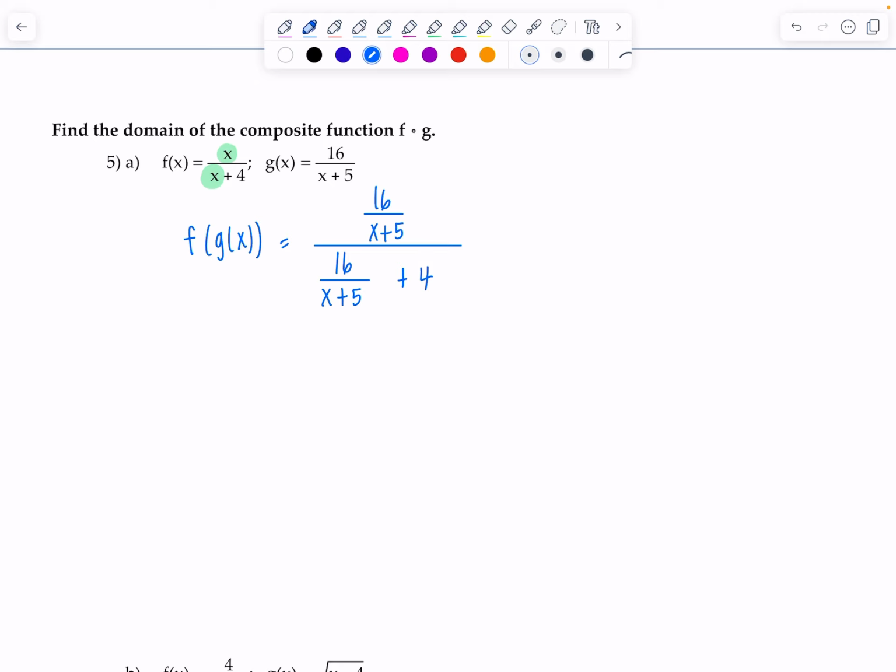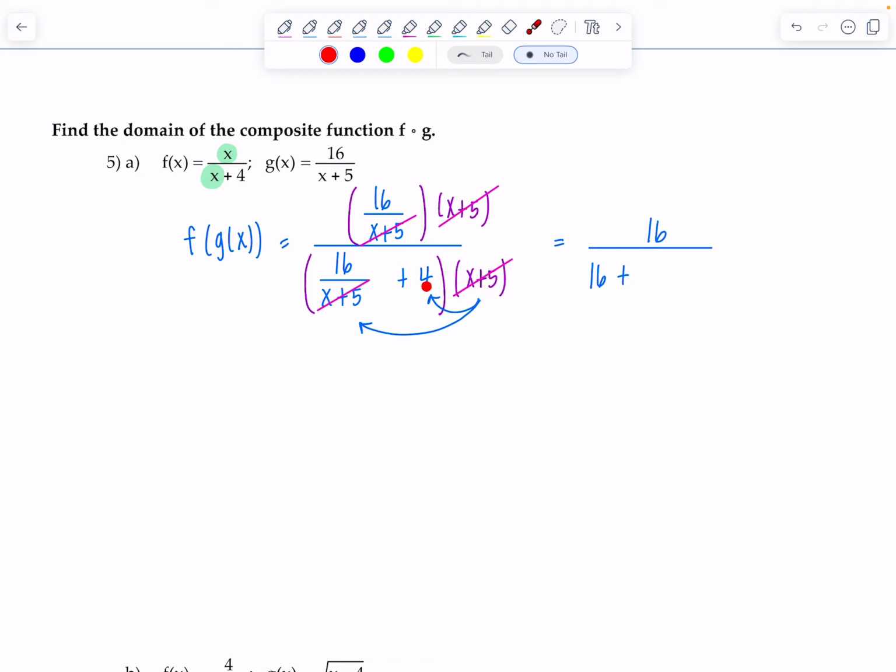Now from here, we got to simplify, right? It's a complex fraction. So easiest way to do it is just multiply top and bottom by the LCD, or the denominator that you're trying to get rid of, which is x plus 5. So see, now this will cancel, and I just have 16 up top. And then in the denominator, if you distribute, this x plus 5 will cancel. So I'll just have 16 plus, it doesn't cancel though with the 4, right?